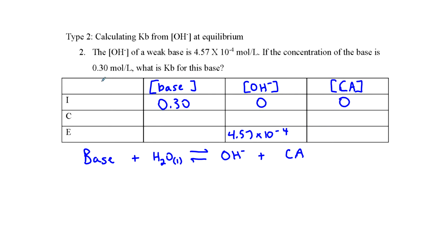Okay, so because this would all be a 1-to-1 ratio, we can safely assume that this is also 4.57 times 10 to the negative 4. So all we've done here is add that amount for both of them.